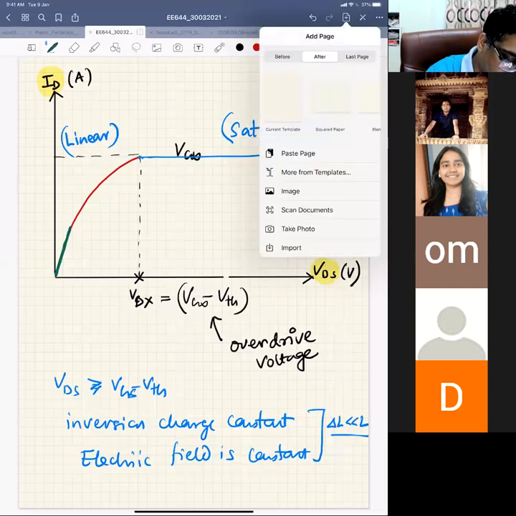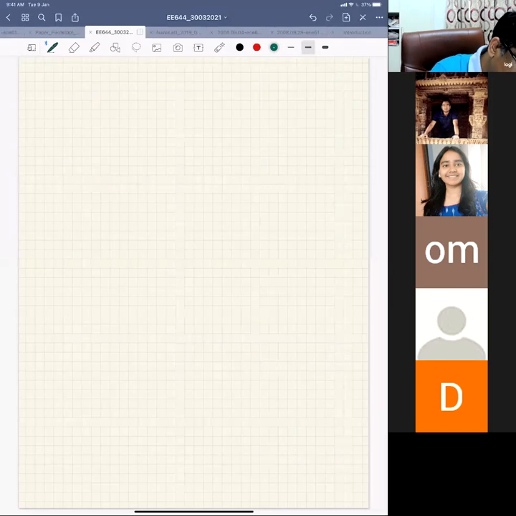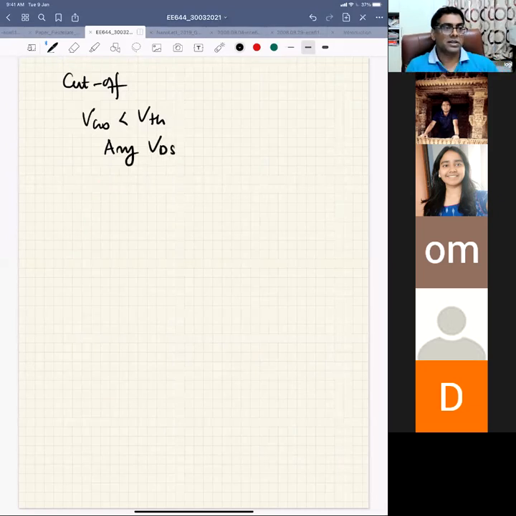So we have three conditions here. The first one is cutoff. Cutoff is when your VGS is less than VTH, and any VDS, it doesn't matter. So the cutoff condition is when your gate to source voltage is less than VTH. That means you do not have any inversion layer.